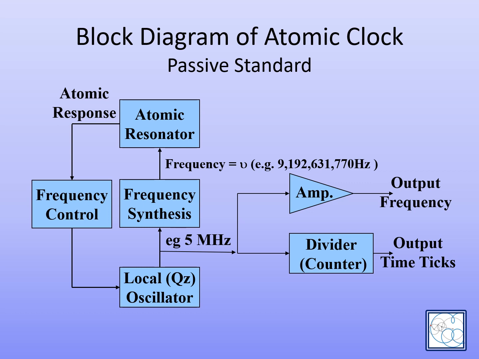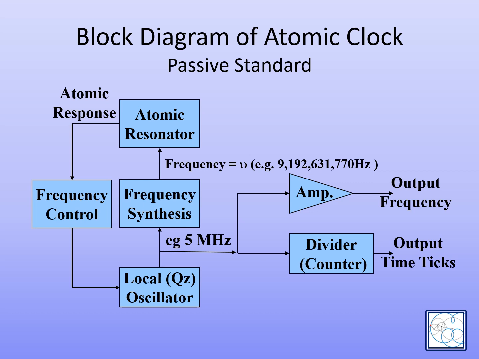You then synthesize from that frequency up to the frequency of transition. For example, for cesium, there's the 9,192,631,770 hertz frequency, and that goes into what is called an atomic resonator.